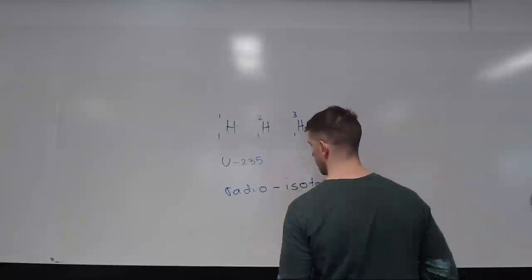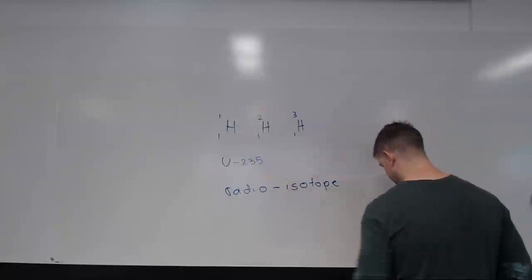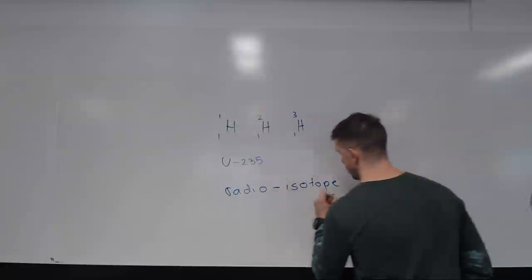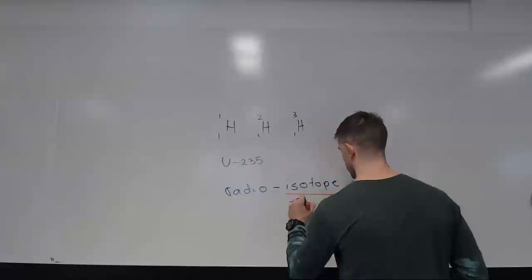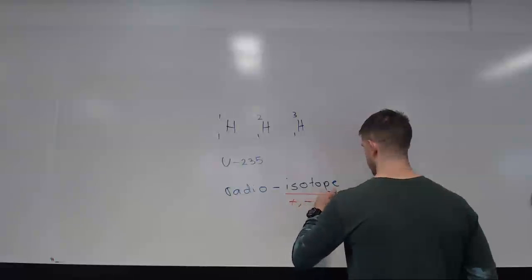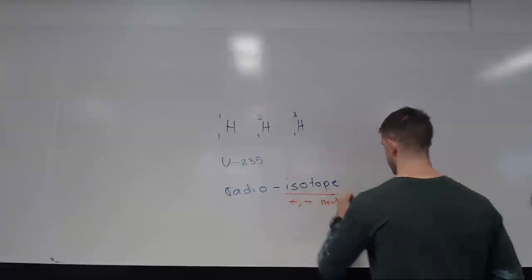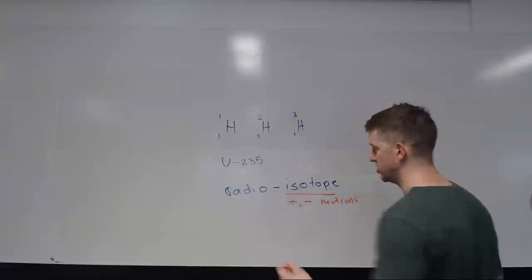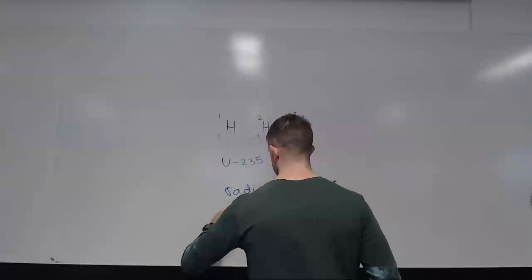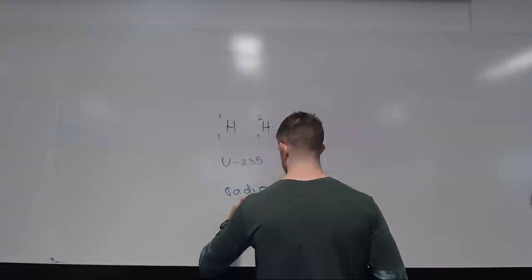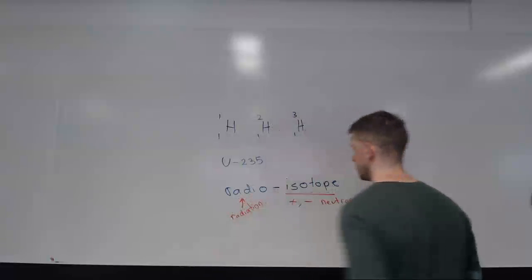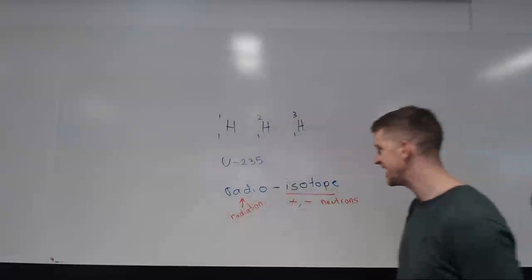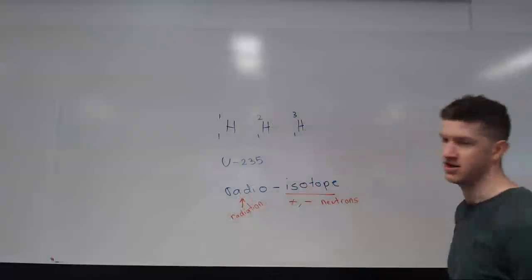From the isotope aspect, you know that we've got plus or minus the neutrons. Something has been added or subtracted. Radio sounds like radiation, so this is about the radiation aspect. So a radioactive isotope is what we call a radioisotope.